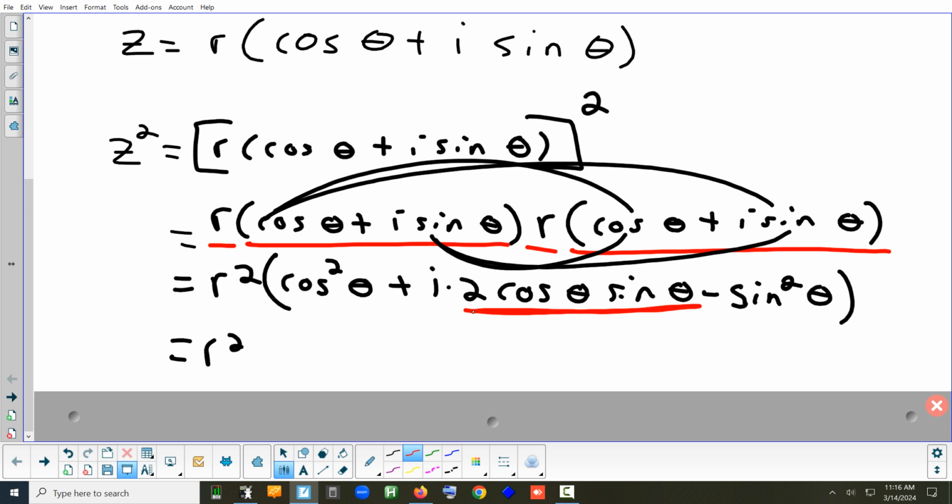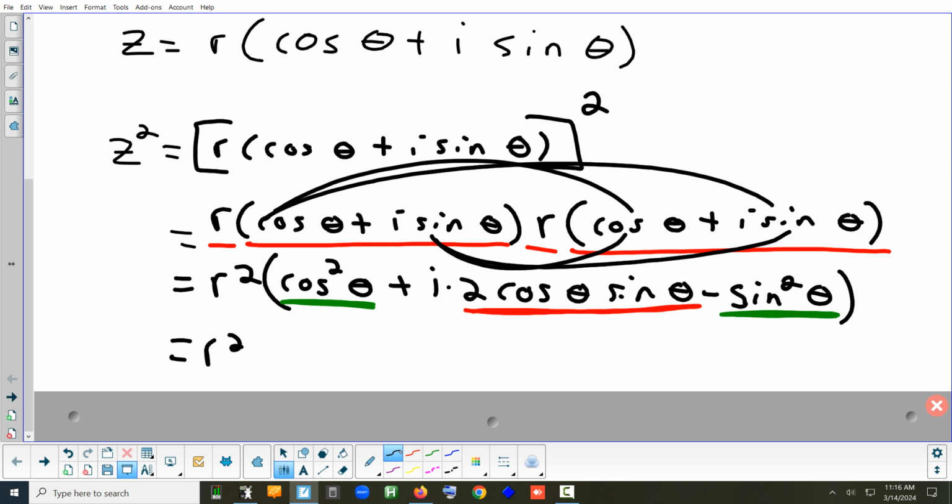That's a sine 2 theta. Yes, sine 2 theta. And then this is another identity, cosine squared minus sine squared. Does anybody remember what that one is? Negative 1? No, the sine squared plus cosine squared is 1.